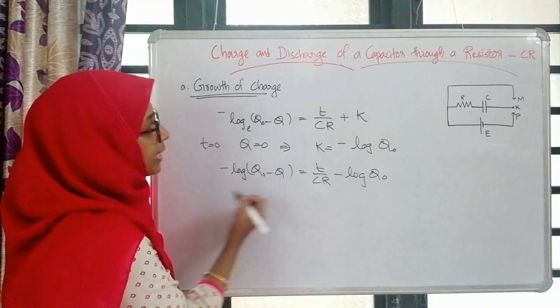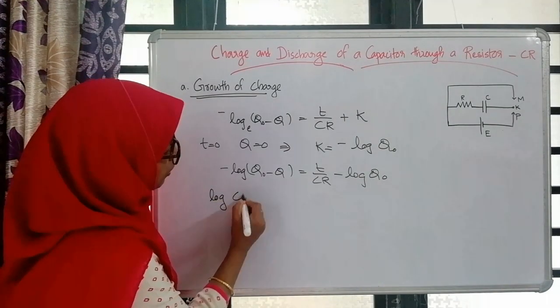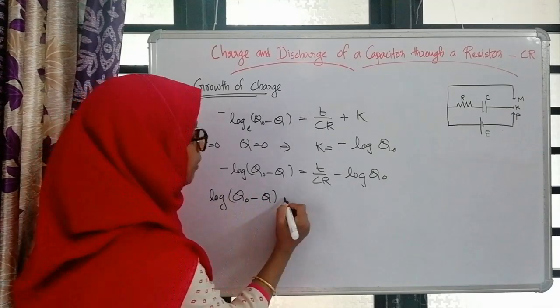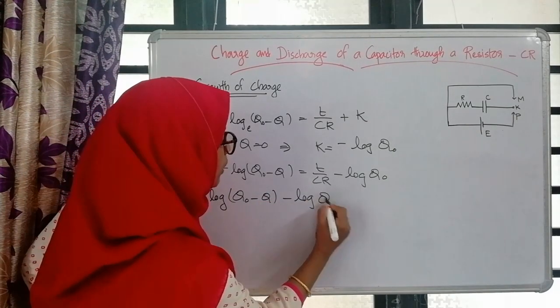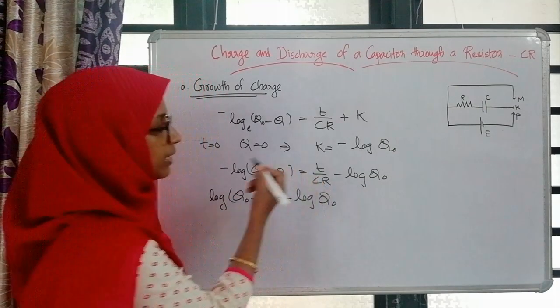Then I am going to rearrange this equation as log Q0 minus Q minus log Q0, taking this term to the RHS and t by CR to the LHS.